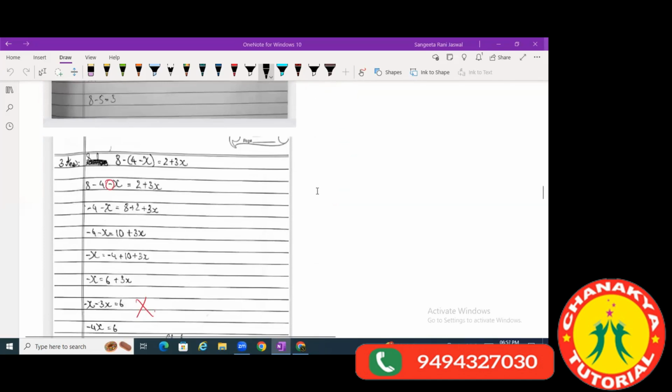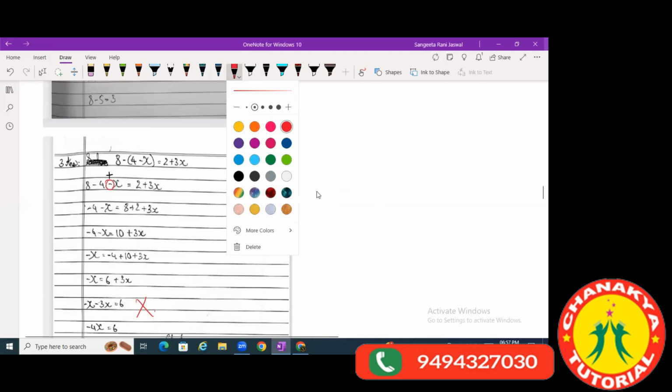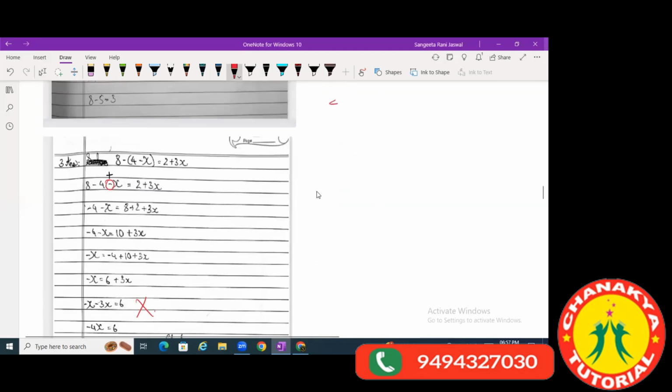See, in this question, this was 8 minus 4, and when you multiply this minus sign, minus and minus becomes plus. So this would have been plus here, no? Are you understanding? Plus over here. Now the whole thing changes. 8 minus 4 will be 4 plus x equals to 2 plus 3x.